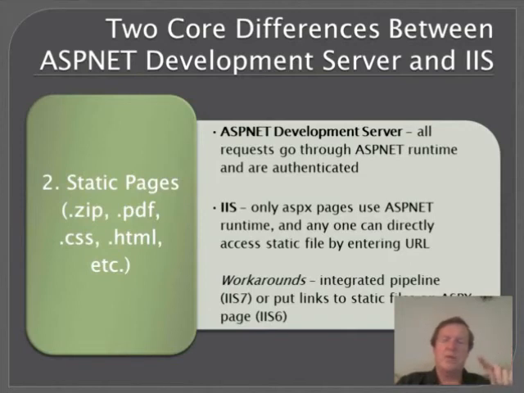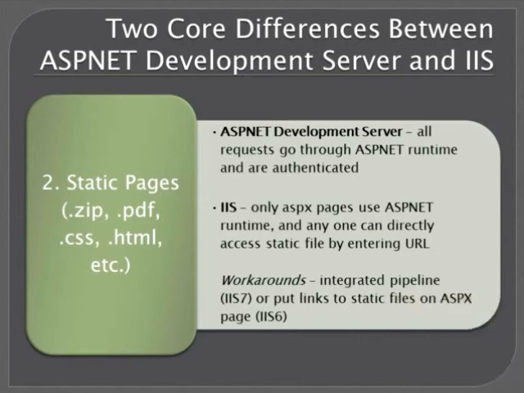So if somebody wants to get to a static page and they know the URL in production, they can go right to it by entering that URL in the address bar and pressing enter, and they'll get right in because those pages aren't going through the runtime. So this is a problem in production. We'll think we've got everything secure, we've got the folder secure, we're using web forms to authenticate, and then all of a sudden, people are able to get in.